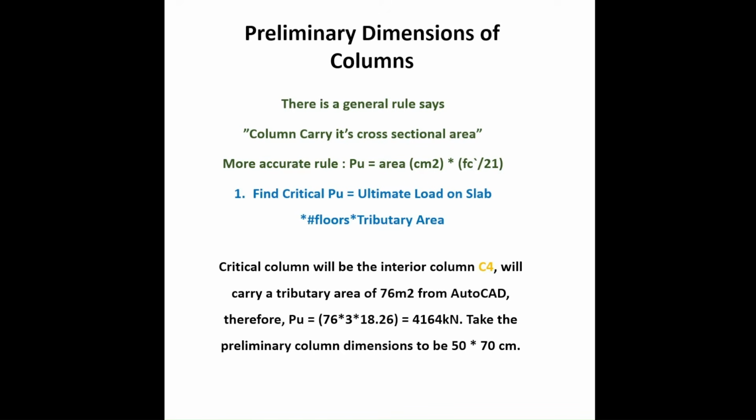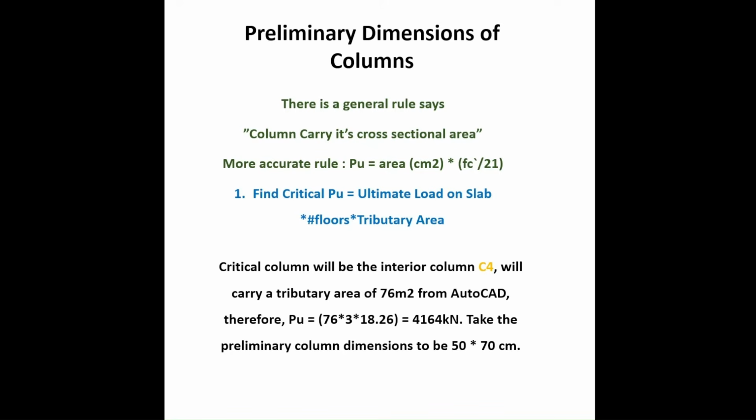To find the preliminary dimensions of columns, we need to find the critical P ultimate. As we said in the previous lessons, we need to find the critical column and generalize this column's dimensions for other columns.